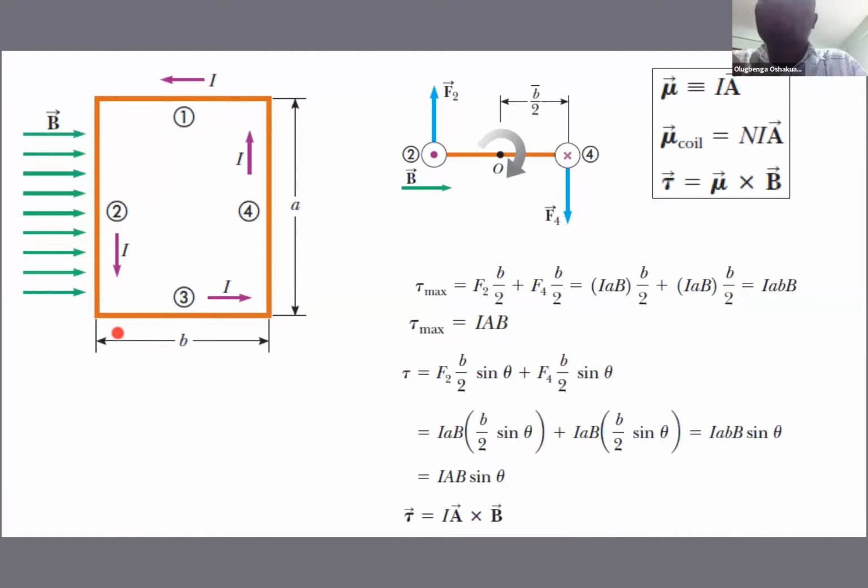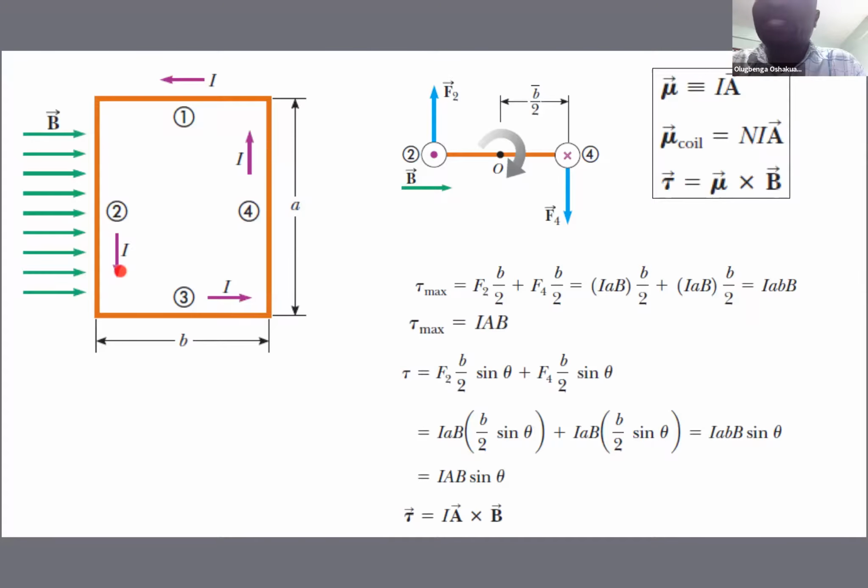But magnetic force will be experienced on part 2 and part 4. The magnetic force experienced in part 2 will be opposite to the force experienced in part 4. And that is what we need. That is the torque we need. When the force applied on part 2 is opposite the force applied on part 4, the loop should begin to turn around this axis.